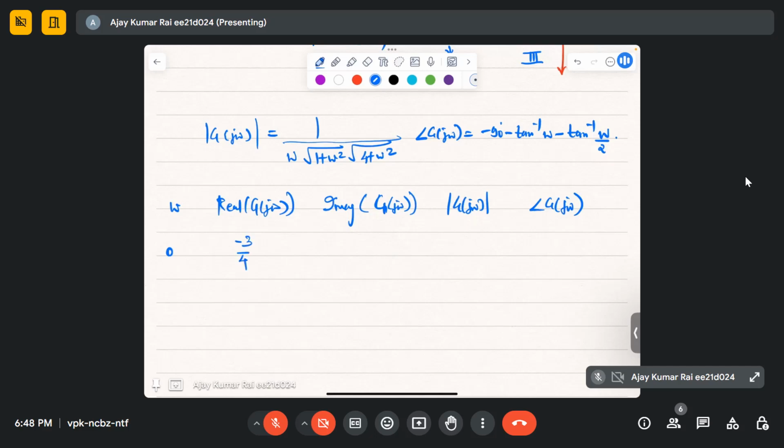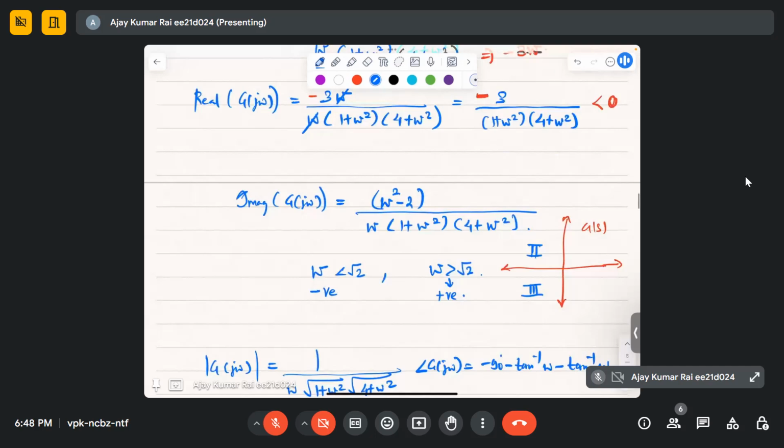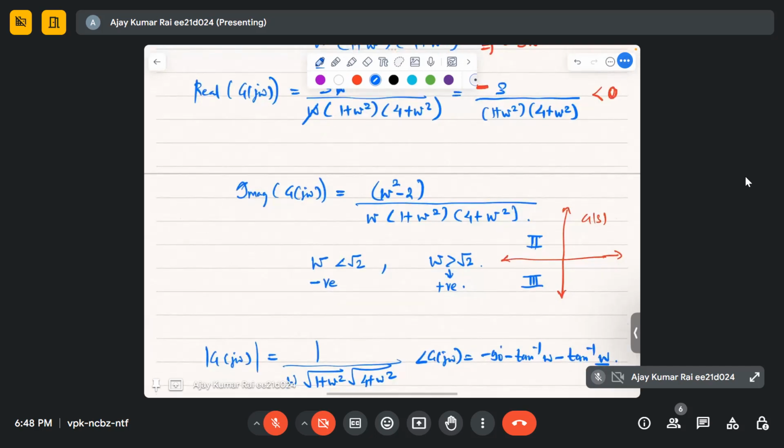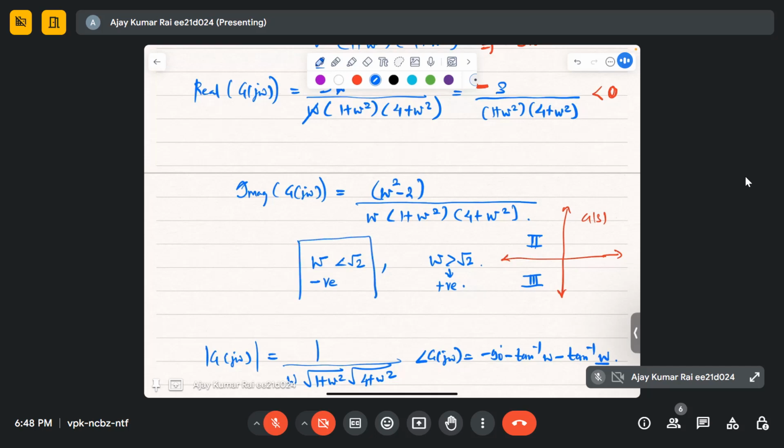And let's check for the imaginary part. Omega equal to 0 if you put, you know the imaginary part is going to be negative, but what is that value? Just put omega equal to 0, what you will get?